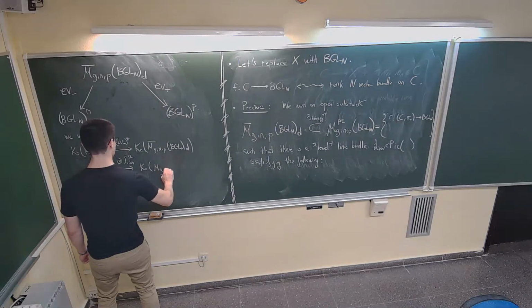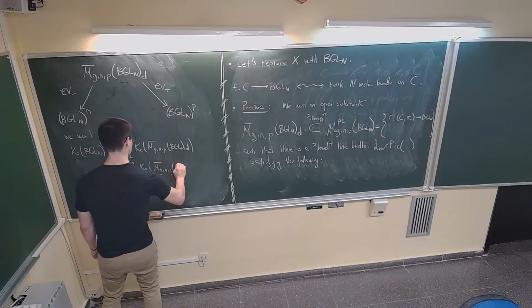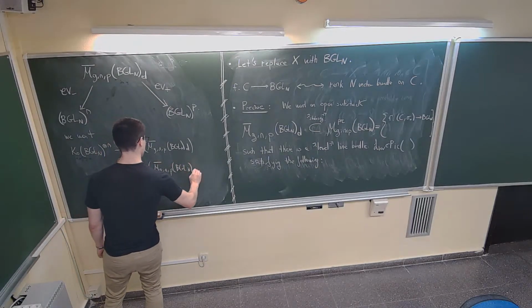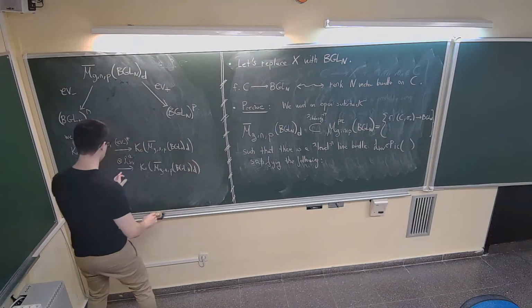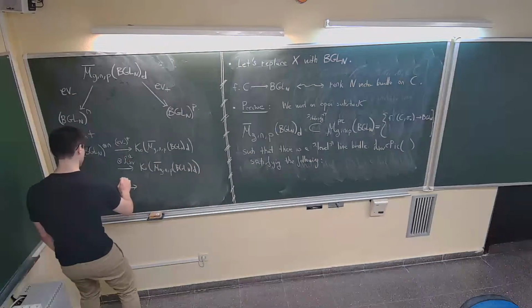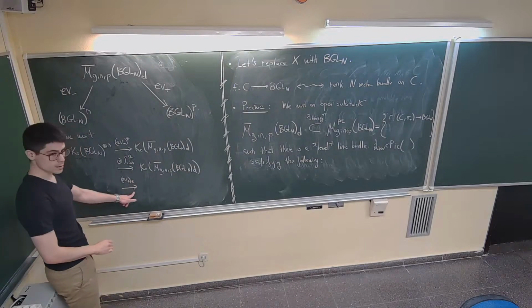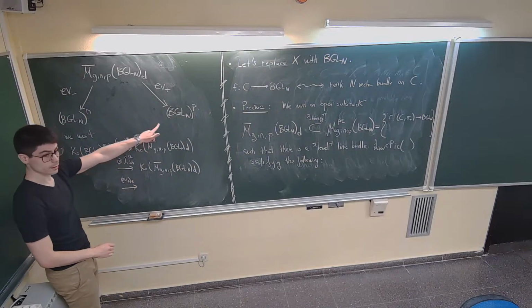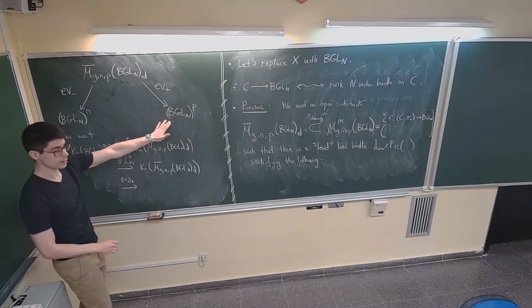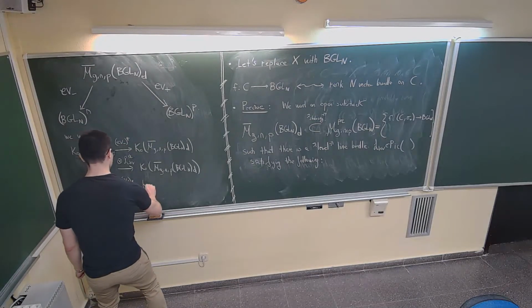And then we push forward, and this is where, so far everything is perfectly fine, but now we push forward. And we want this to be well defined and to land in finite, just coherent K-theory of PGL_n.